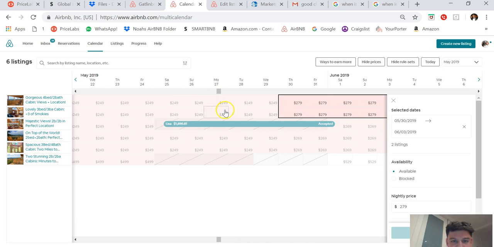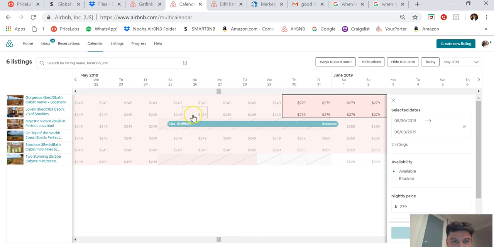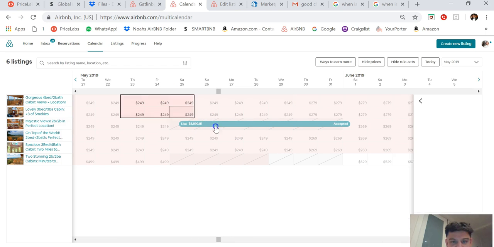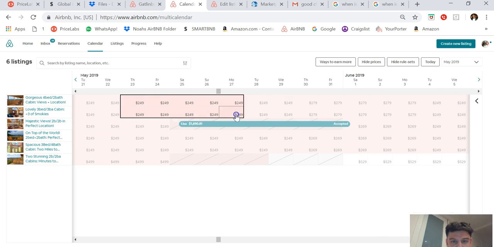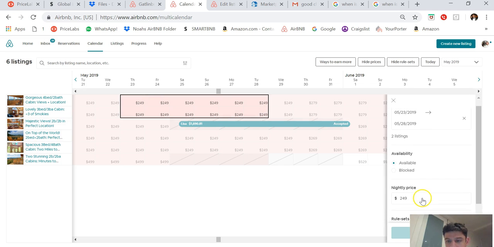This is the Monday we want to look at here. This weekend, so this Thursday, Friday, Saturday, Sunday, Monday, we'll rack the prices up. They didn't get booked yet, so it's good.